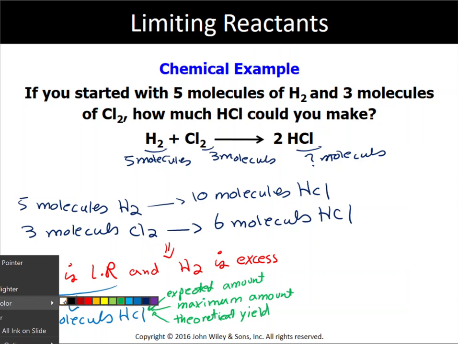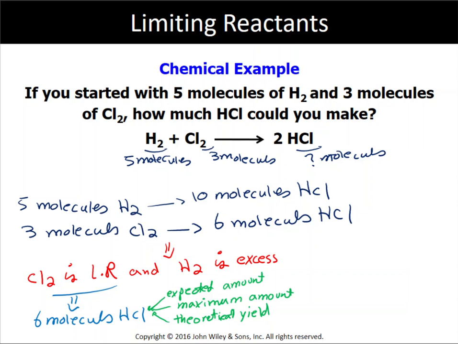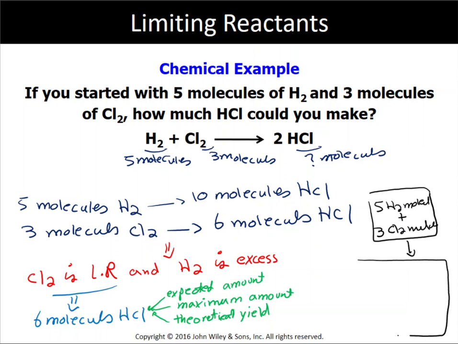So, if I have in my reaction flask 5 H2 molecules and 3 Cl2 molecules, after they react with each other, what I would expect in my reaction flask is 6 HCl molecules.